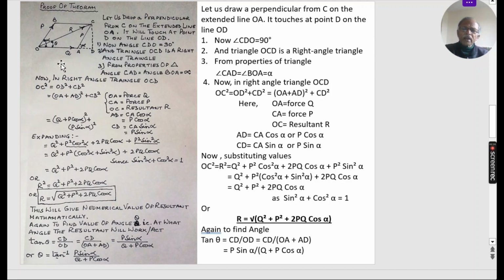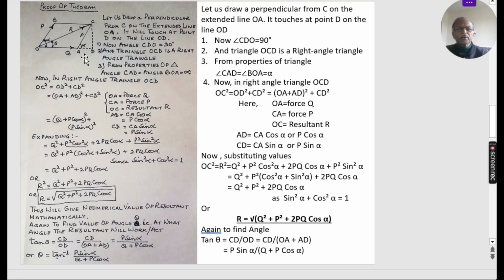From properties of triangle also we know that angle BOA, that is the angle between the two original forces P and Q, this angle will be same as angle CAD. From properties of triangle, you know, I need not go into the detail of these properties of triangle.